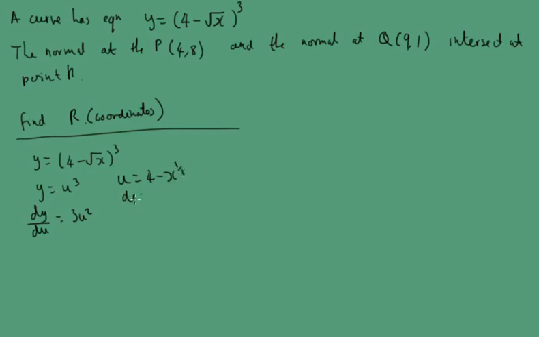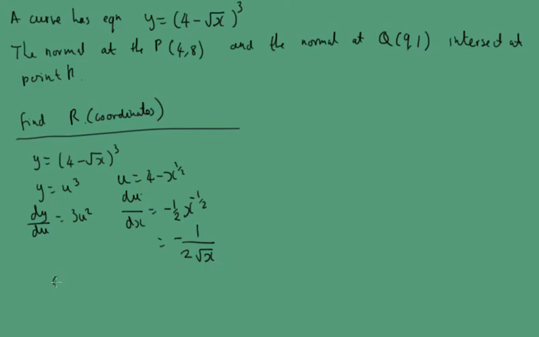So du by dx is going to be minus a half x to the minus a half, which will be minus 1 over 2 root x.